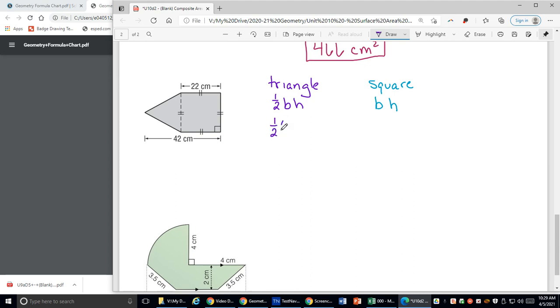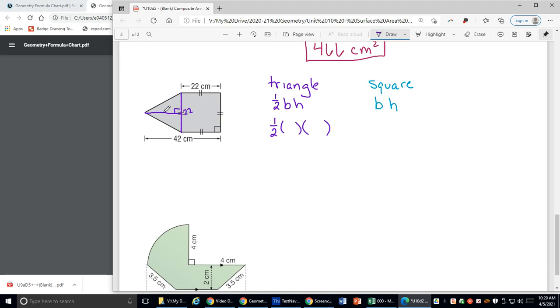1/2 the base times the height. Now, if I look at this triangle, I don't see any 90-degree angles in the triangle, okay? I do know that this side here is definitely 22 units because all the sides of the square are 22. So if I can come 90 degrees to this 22 from the opposite side, that could be a height if my triangle is turned, if I turn my head to the left, right? So this is a height and this is a base.